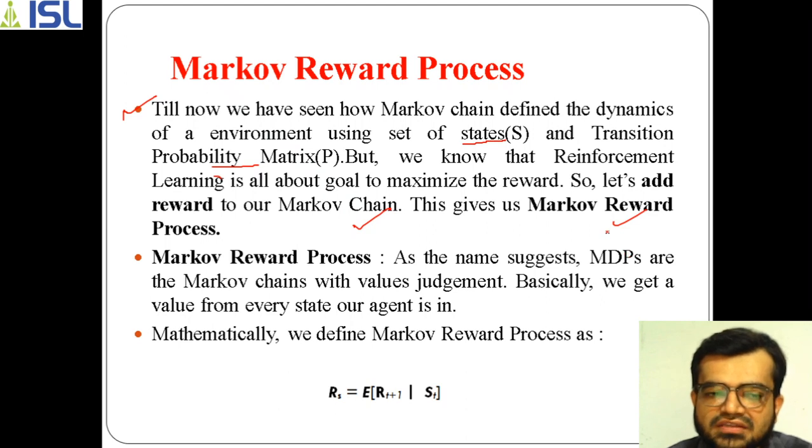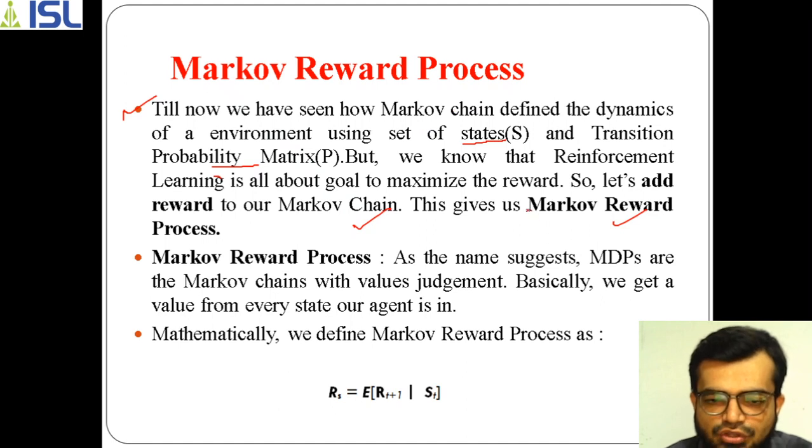So Markov decision processes are Markov chains with value judgment. Value judgment means whenever you go to one value, value judgment is your reward. So we get a value from every state our agent is in. How can you mathematically define the reward process?